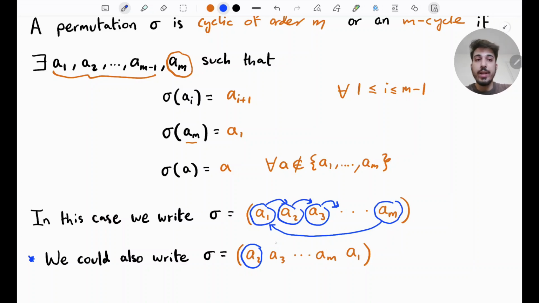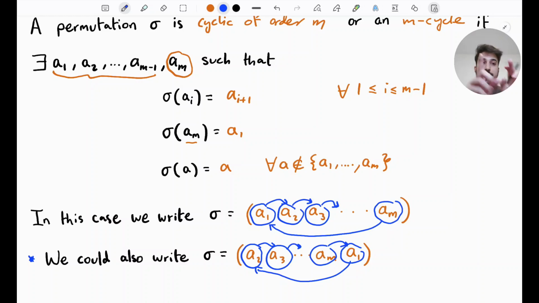We can start with A2, but the cycle remains the same. AM is still sent to A1, and A1 is still sent back to A2, and we have the same permutation. So in fact, we can start our M-cycle from any element in the cycle. It's just that the order of writing the elements has to be the same.